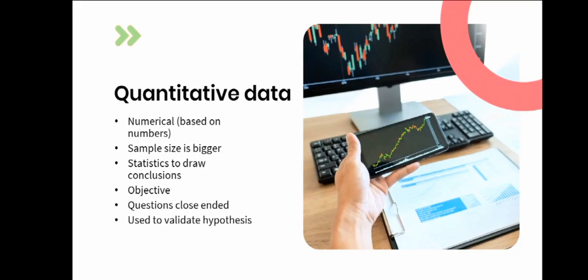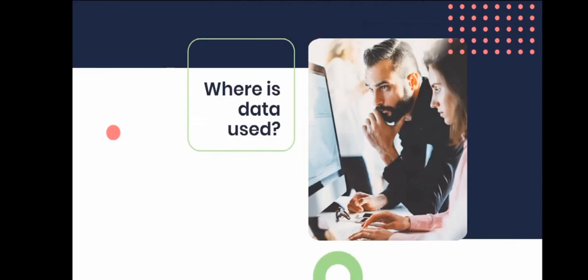As mentioned previously, we use data in a vast array of industries to help make better decisions. These can include scientific research, businesses, finance, governance, nonprofit organizations, and many, many more. Where do we use data?